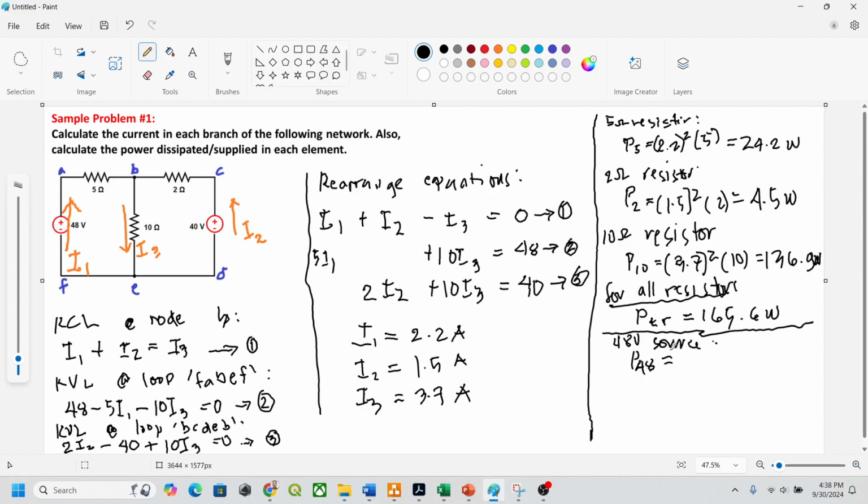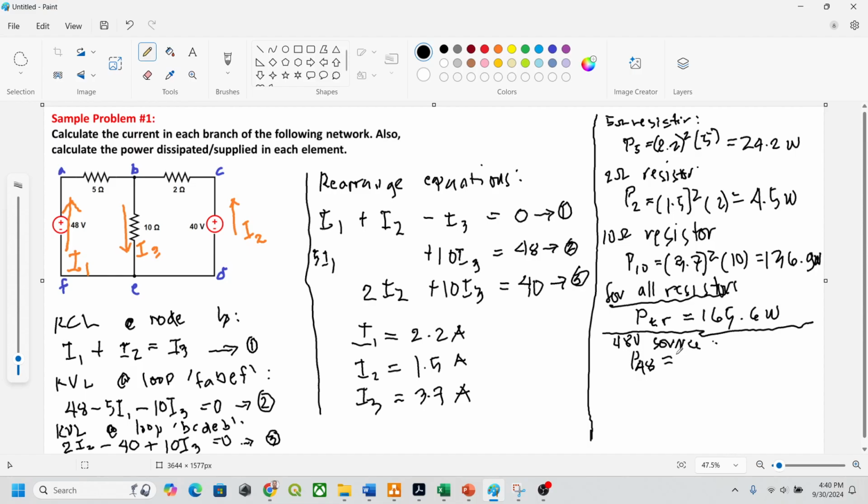Since there is no resistance, power can be calculated by the product of the voltage across the generator and the current flowing through it.